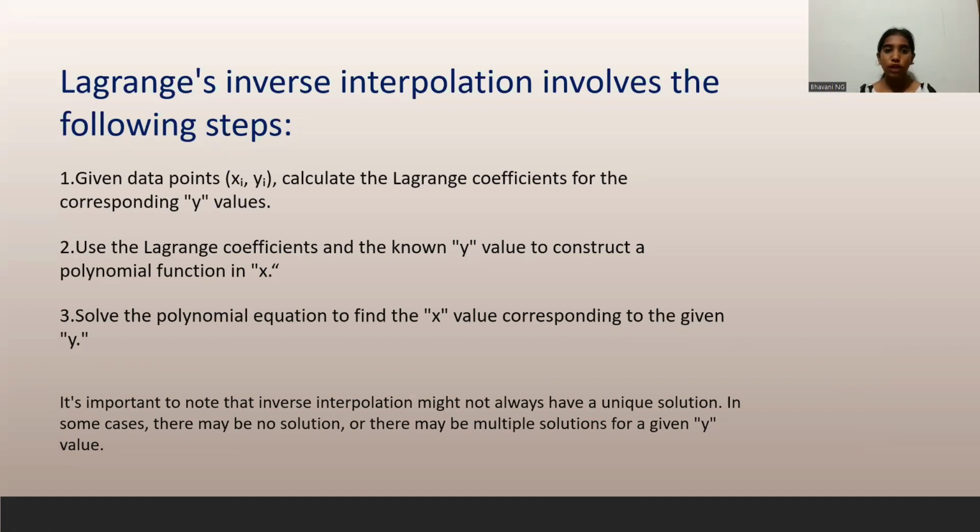Solve the polynomial equation to find the x value corresponding to the given y. It's important to note that inverse interpolation might not always have a unique solution. In some cases, there may be no solution or there may be multiple solutions for a given y value.